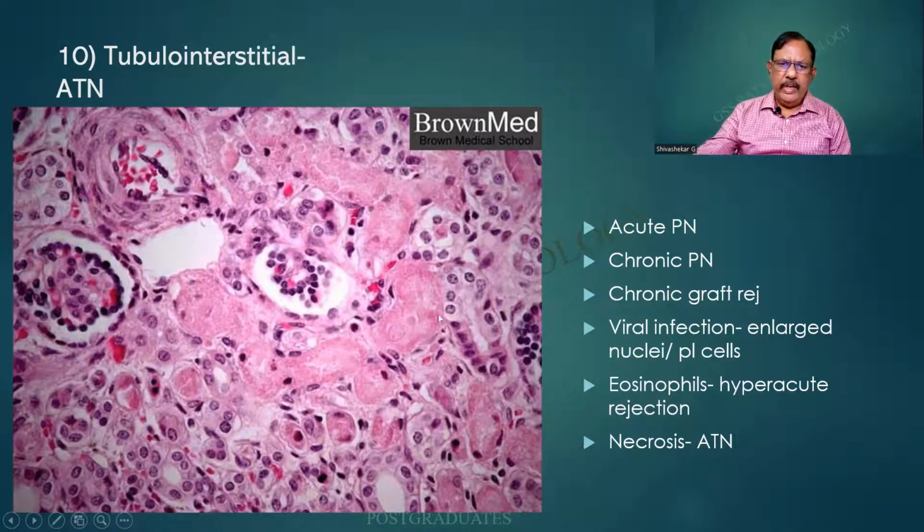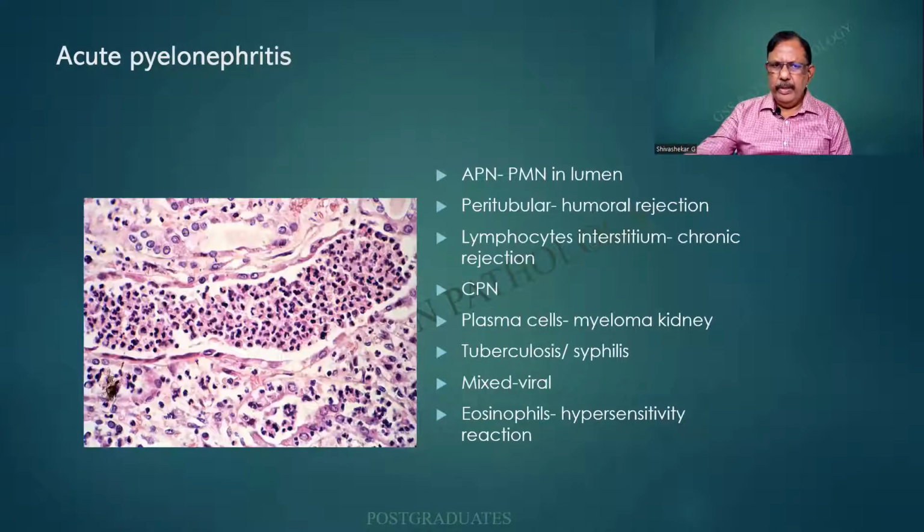See what we are finding. I am finding a ghost-like outline of the tubules devoid of nuclei. So it is a case of necrosis. There are different types of it. This by itself is a question for you. You people can read up. But remember that acute tubular necrosis is an interstitial disease.